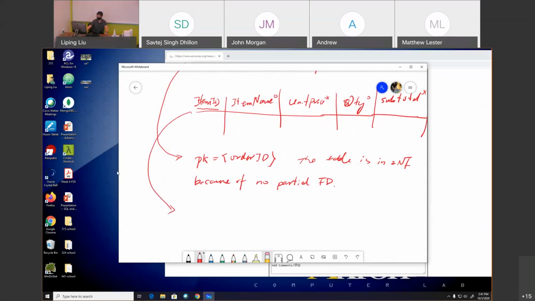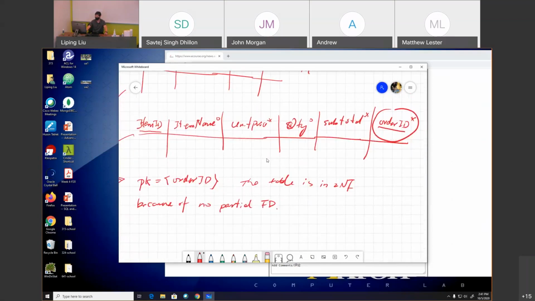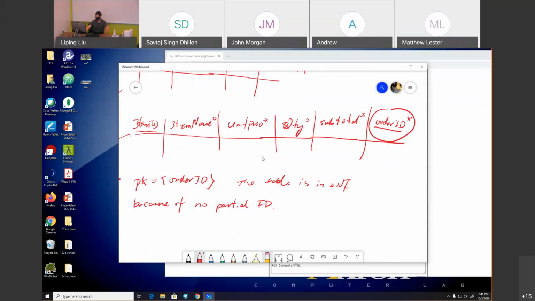This table, what do we think? What should be the primary key for this table? Item ID and auto ID, both together, right? So I already said that.